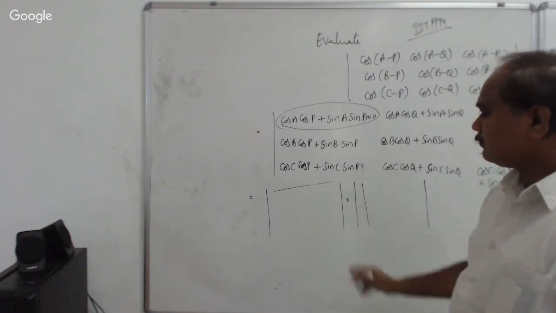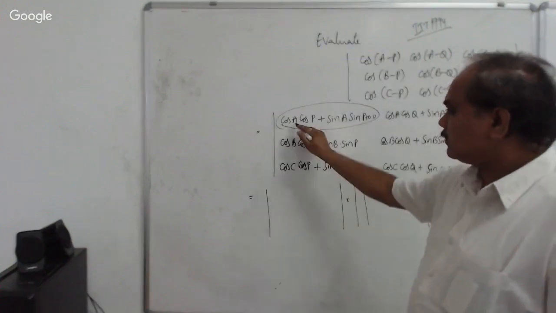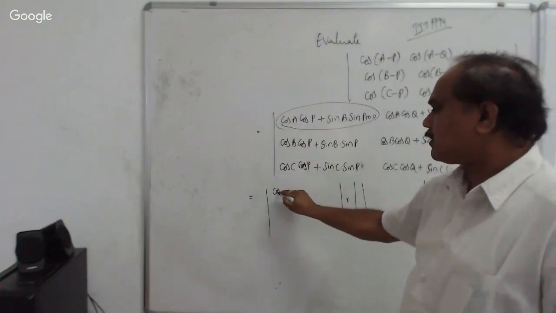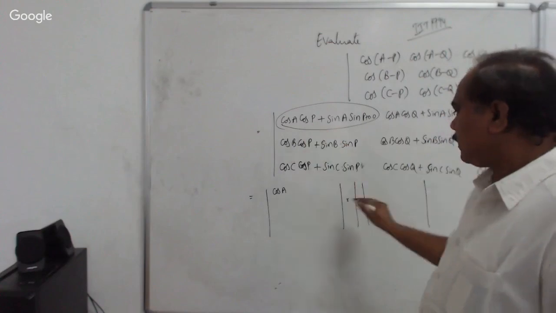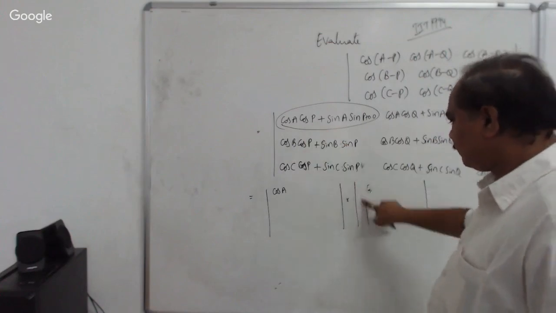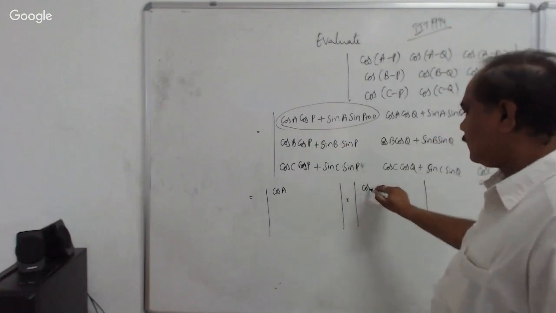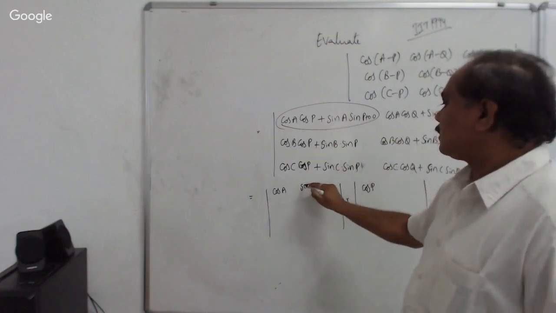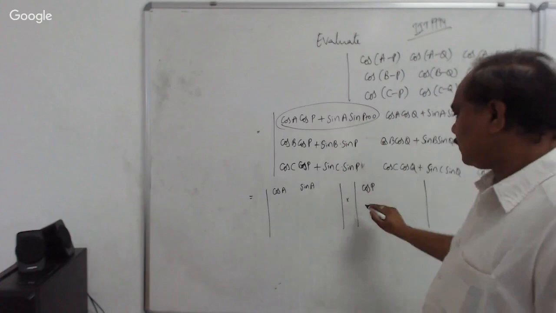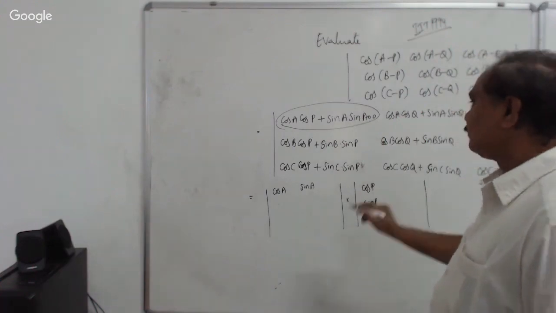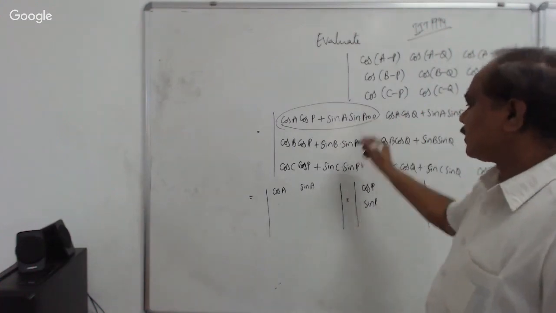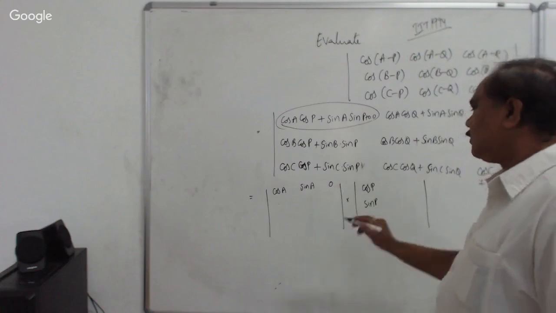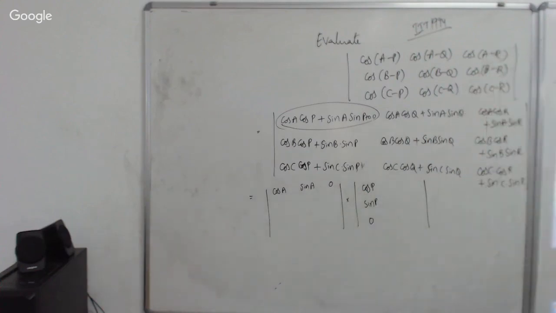Now, in the first determinant we have cos A, cos B. Next, sin A, sin B. Next, 0, 0. Can you write like that?